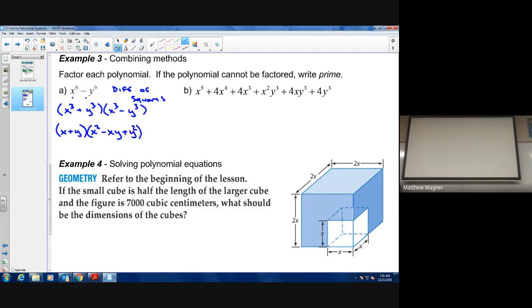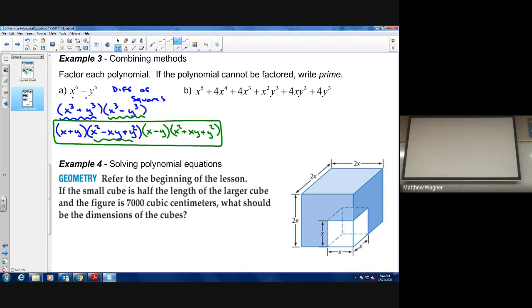That's the sum of cubes pattern. All right. Our difference of cubes pattern is a minus b, a squared plus ab plus b squared. And that is how you factor this problem.